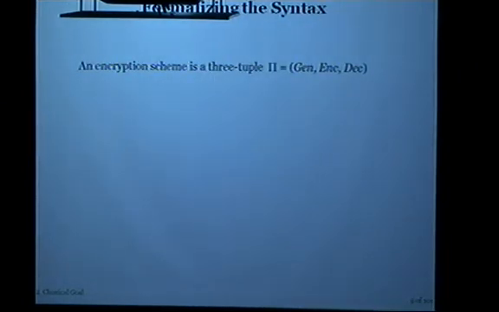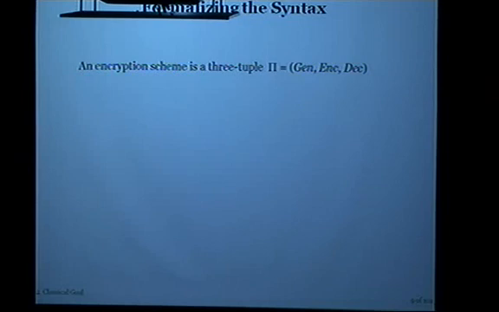Let's now formalize quite precisely what is the syntax of an encryption scheme, trying to keep out of our mind any ultimate intent to define security. Well, I'm going to say that a symmetric encryption scheme is a three-tuple whose components are a key generation algorithm, GEN here, the encryption algorithm, ENC, and the decryption algorithm, DEC. Okay? I've already made important decisions in writing this one statement down.